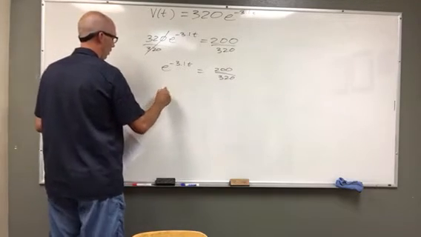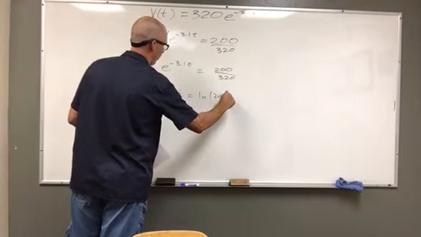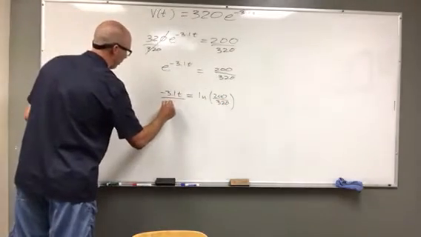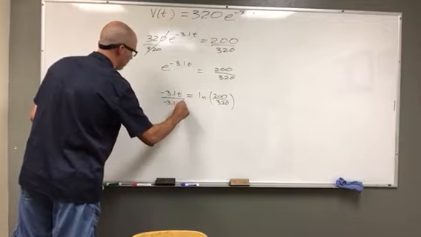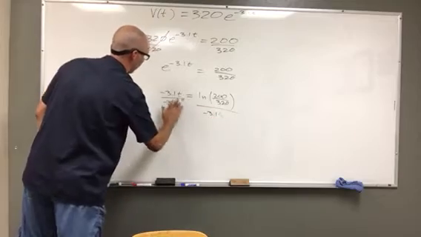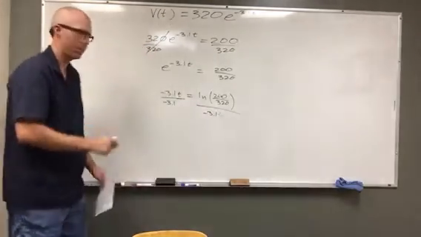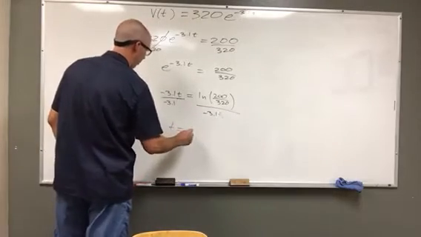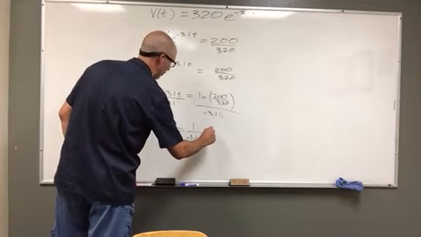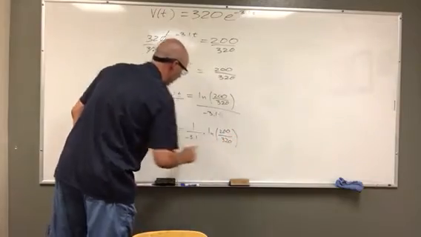All right, so we have negative 3.1 t equals ln 200 over 320. Divide both sides by negative 3.1. Oh, no t there, sorry. My mistake. Okay, t is 1 over negative 3.1 times ln 200 over 320.